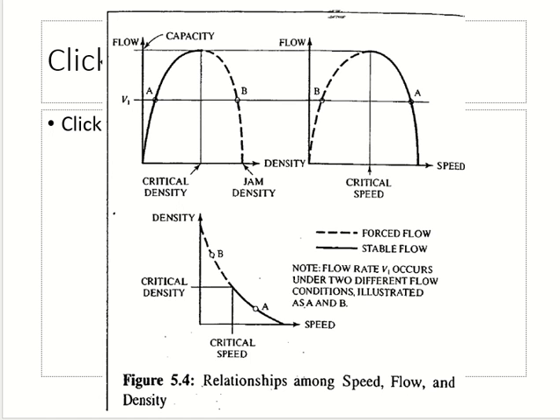Okay. Then we reach the flow speed curve. Okay. Again, I'll start from 0 here. So we have 0 flow. Why? Because there are no vehicles on the road. If there are no vehicles on the road, that means the speed is max.